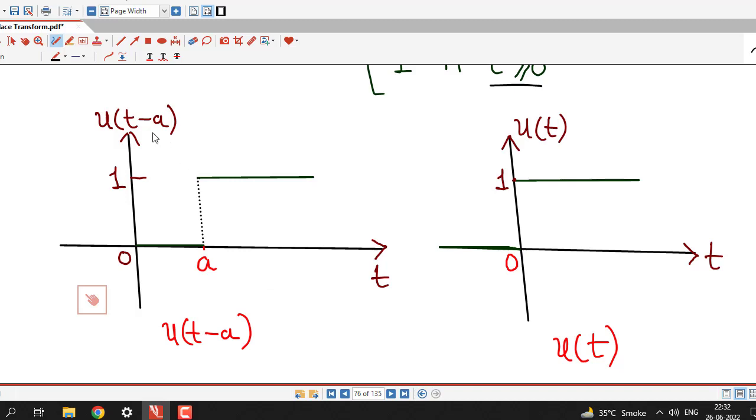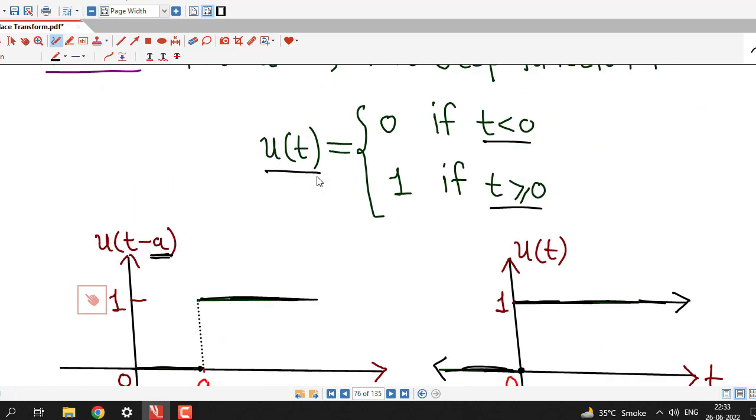This is for arbitrary value of non-negative real number a, and this is for a equal to 0. So here up to 0, graph is on x-axis, and 0 onwards value of function is 1. So graph is going in this way, and here it is 0 if t is less than a, and 1 if t is greater than a.